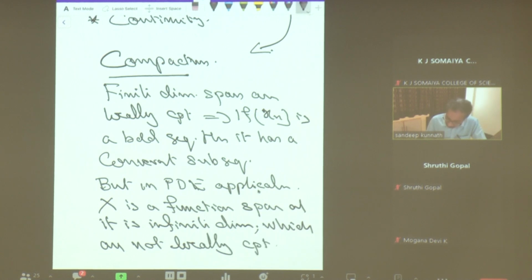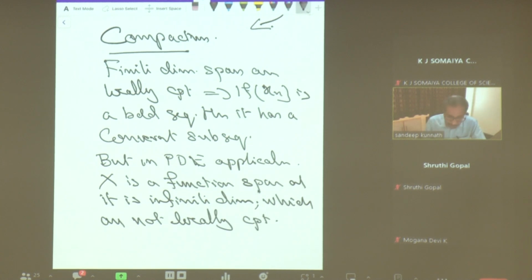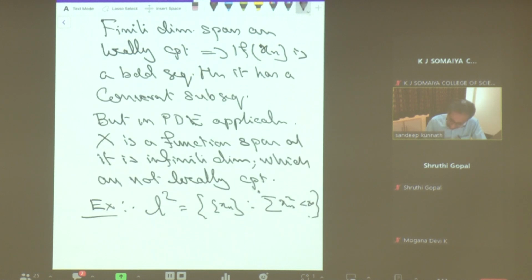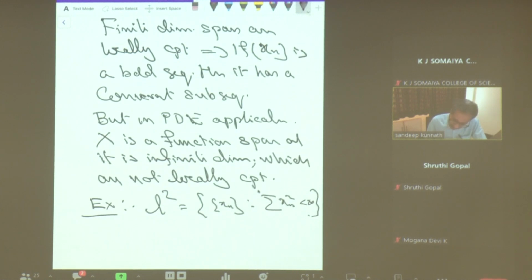For example, you can have bounded sequences which may not have a convergent subsequence. You can give this example. I can give you the space little l2. These are all sequences x n such that the sum of x n square is finite. Then you can take the sequence. For example, consider the sequence.